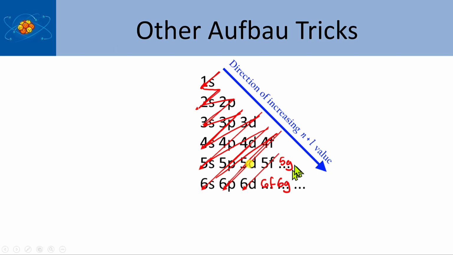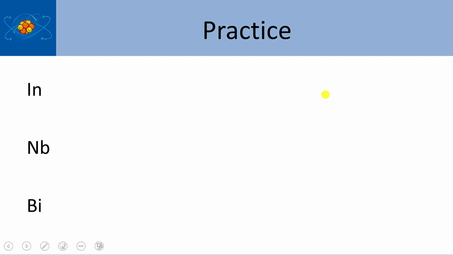It doesn't have a meaning, whereas looking at the periodic table helps you learn how to use the periodic table. So we're going to actually use the periodic table to do some electron configurations: indium, niobium, and bismuth, and we're going to be using core notation, because life is too short.